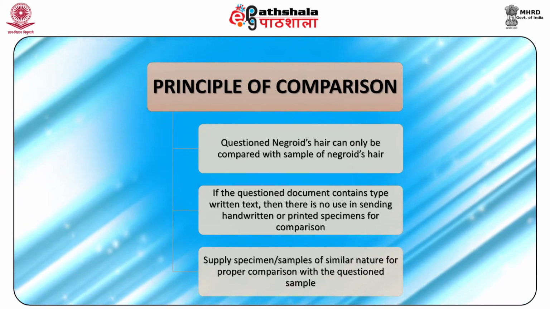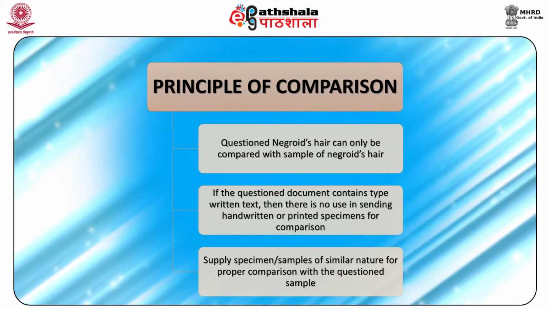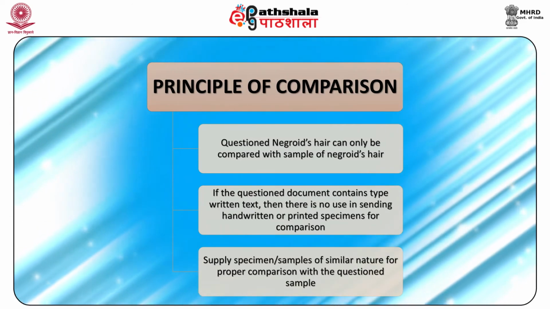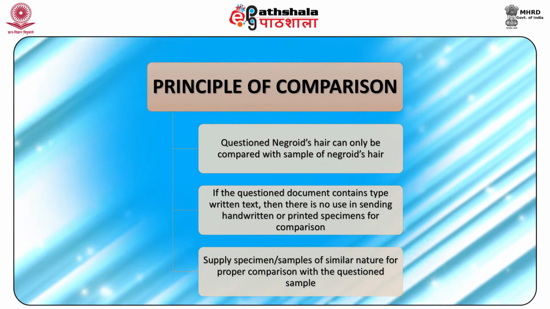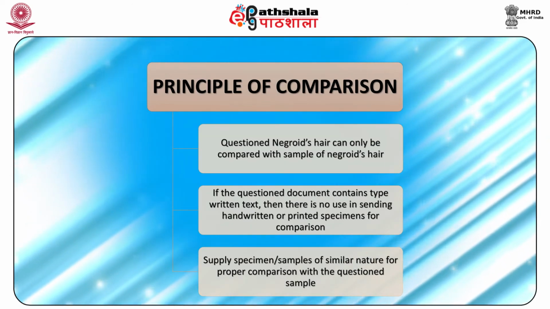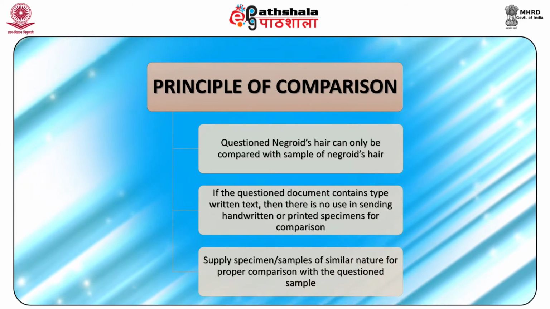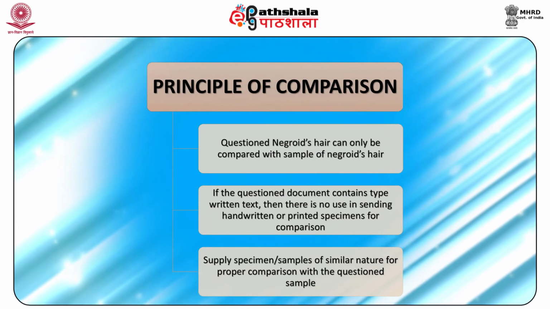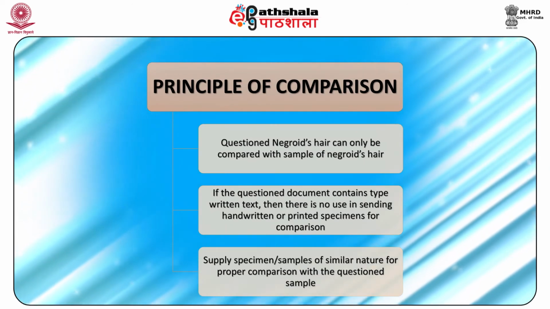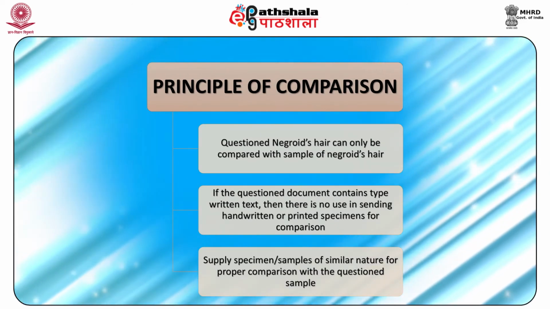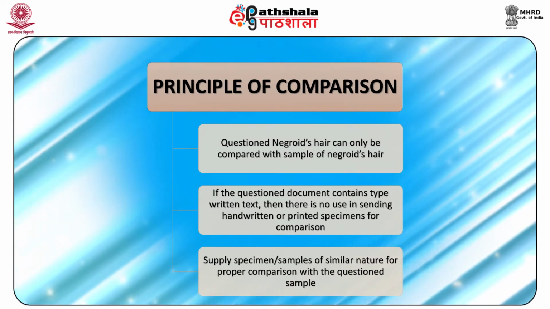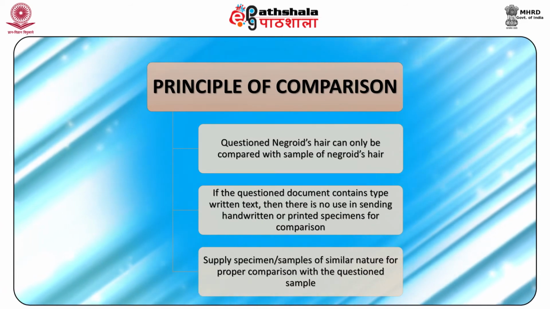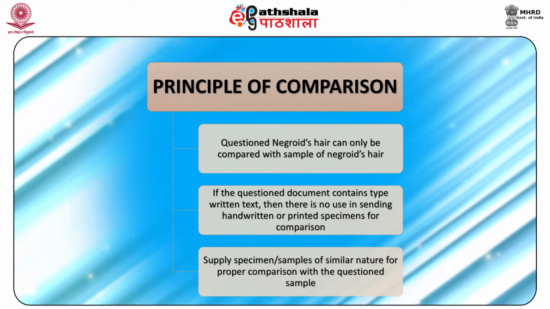Similarly, if a bunch of hair is recovered from the hands of a deceased and the expert opines that the hair belongs to a negroid person, in such a case, hair from persons of white races for comparison will not be of any use. Another example can be if the questioned document contains typewritten text, then there is no use in sending handwritten or printed specimen for comparison.